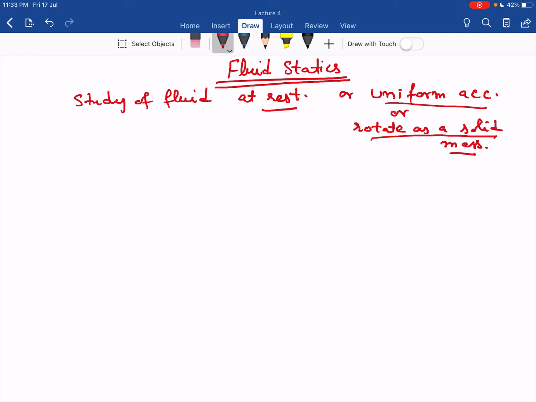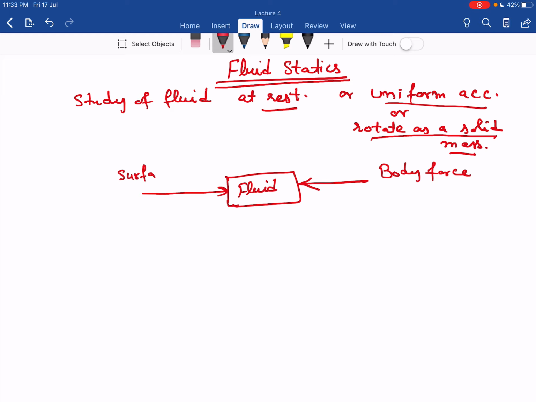Now if we talk about a fluid element, this fluid element experiences two types of forces. One we call as the body force. The second one are the surface forces.